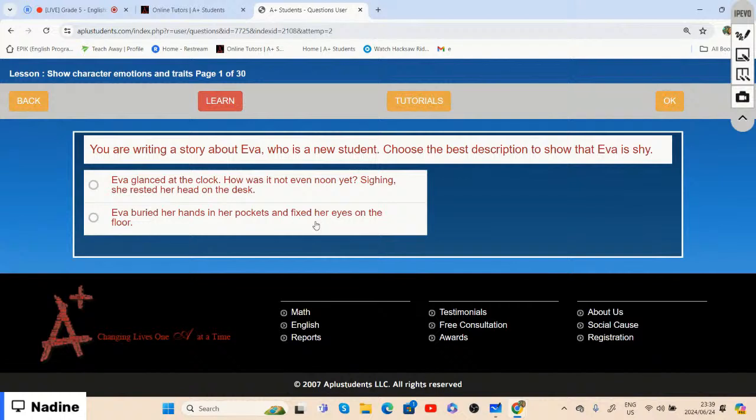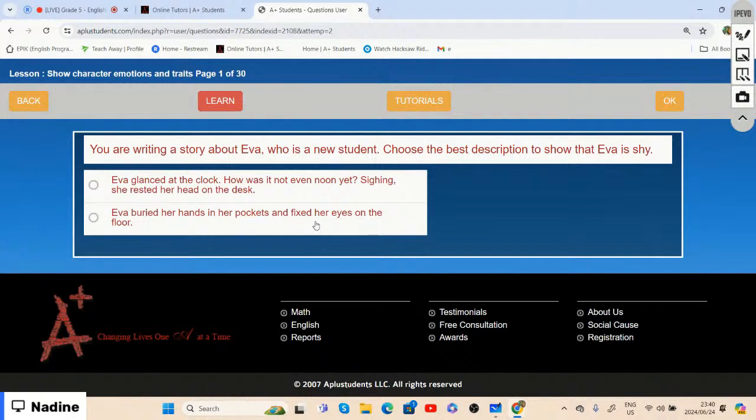Okay, so we're going to look at a scenario, right? And then we are going to choose the best description to show how the person is feeling. It says, you are writing a story about Eva, who is a new student. Choose the best description to show that Eva is shy.